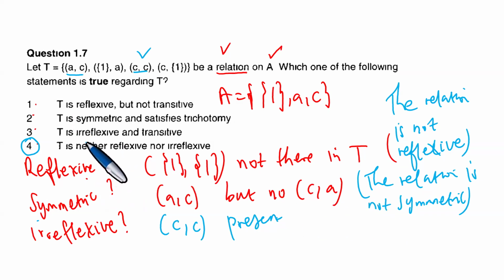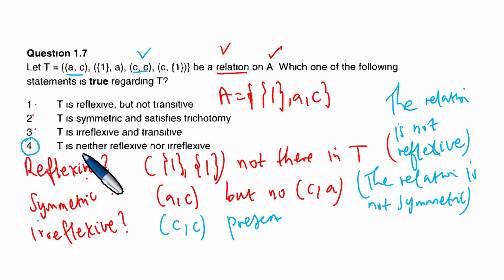The next one claims that it is irreflexive. So the correct option will have to be the one that says it is neither reflexive nor irreflexive. As much as CC is present, we would need more elements.